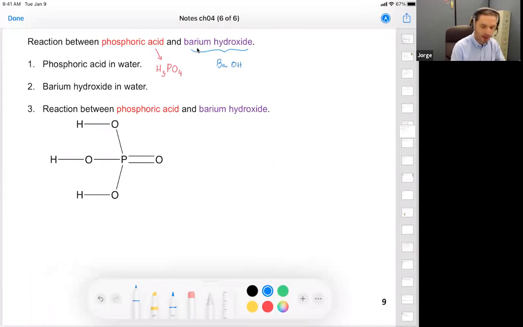Ba(OH)2. Barium is in group number 2, therefore the charge is 2 plus. Hydroxyl is always 1 minus, which results in Ba(OH)2 for the base.